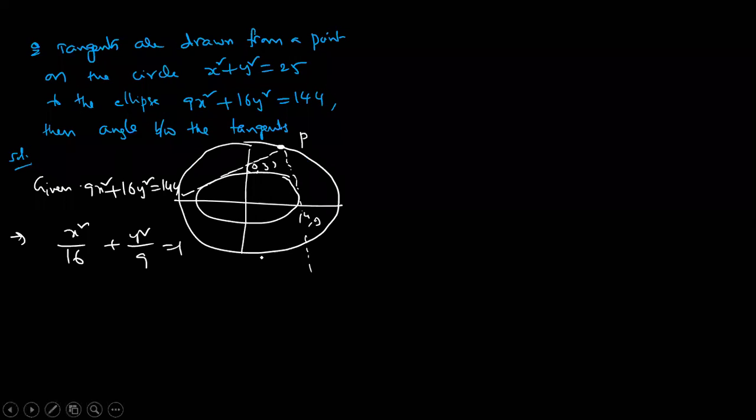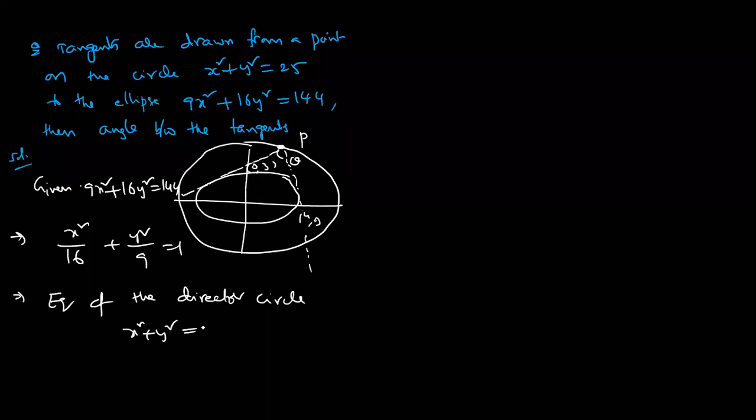Now they are asking for this angle theta. First, find the equation of the director circle for this case. Equation of the director circle: x square plus y square is equal to 16 plus 9, that is 25, which is as per the given equation of the circle. Clear? That means the angle between them is 90 degrees, since the point lies on the director circle.